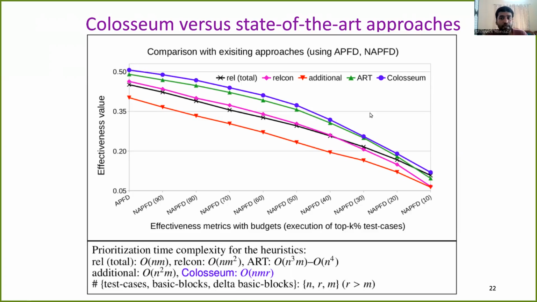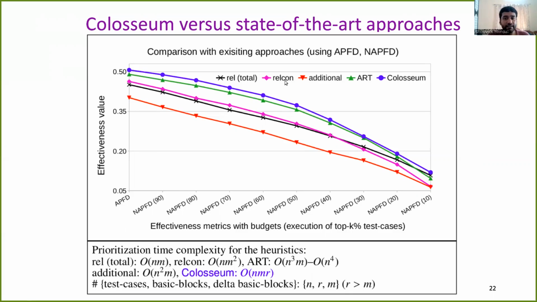So we see the blue curve for Colosseum, compared with all 4 state-of-the-arts. The black one is greedy total. Greedy additional is the red one. These, greedy total and greedy additional, have long been used since the 90s as state-of-the-art. Another state-of-the-art is the green one, ART, adaptive random testing, which is feedback directed random testing.